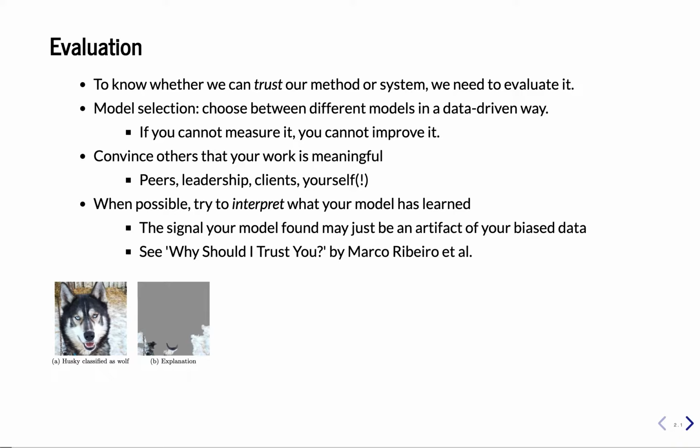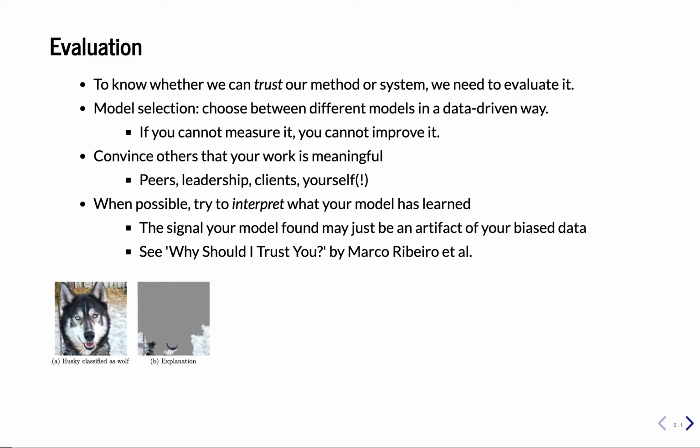One typical example of this is a paper by Marco Ribeiro, where he showed a case of classifying huskies and wolves from images. And this model worked quite well. It was a deep learning model. But when they looked at which pixels the model was looking at to make classifications, they found that it was basically looking at whether there was any snow in the background.